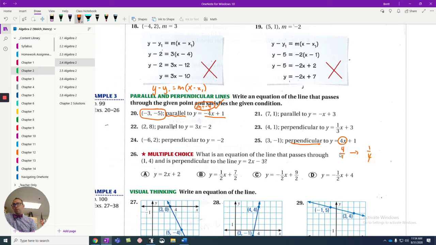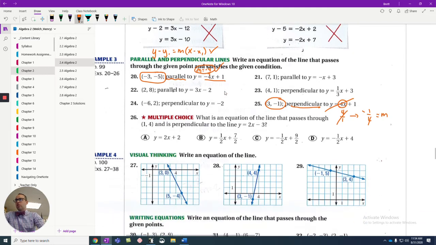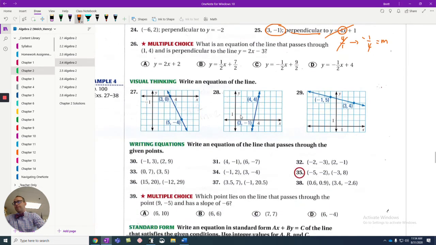And because this was positive, we need a negative result. This is the new slope that we want. With that slope and this ordered pair, I can again use the point slope form to be able to build my equation. So it's really about the implication of finding the slope from the other equation.